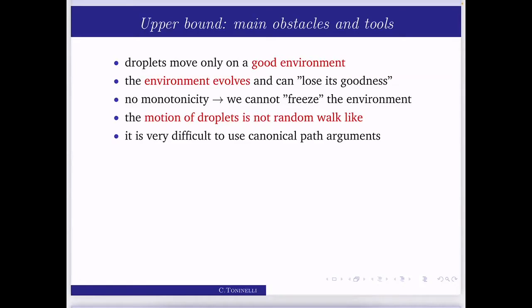The difficulty is that, as I told you in the first lesson, I cannot allow myself to freeze this environment to a good configuration, a configuration which allows my column to move because it contains all these empty sites. I cannot use these types of tools. So I have to deal with an environment around my droplet that is changing all the time and can lose its goodness. So it can lose this single empty site which allows my motion.